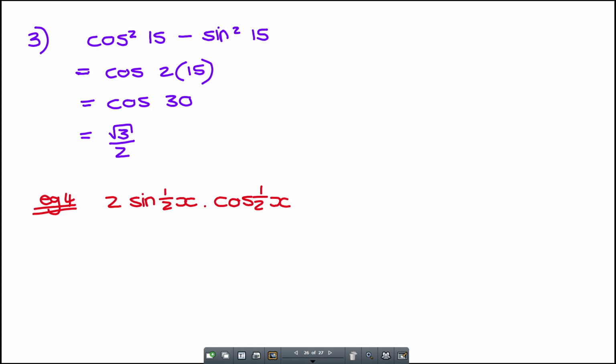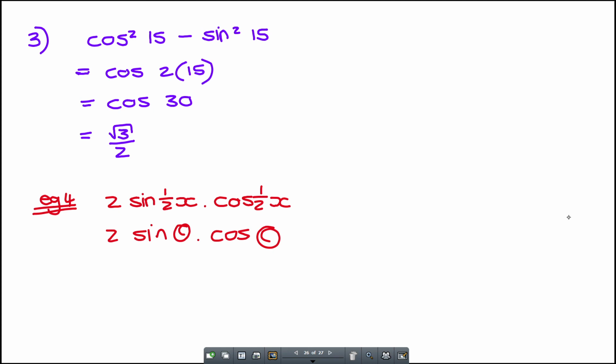Daar sy. Dis my dubbelhoek identiteit van sin. Vergeet van die half x. Dink aan dit as 2 sin theta cos theta. Sien julle hom nou? Nee, dan lyk hy soos hy dubbelhoek identiteit van sin 2 theta. Is julle reg daar, Nicole? Is jy fyn?